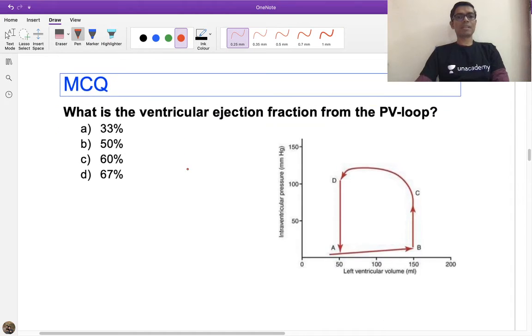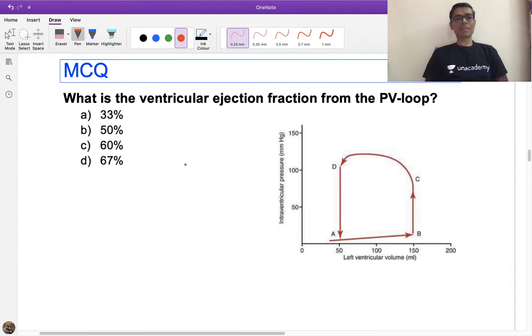Simple question. Be ready for this type of question not only in the AIIMS entrance examination but also in the NEET exam. Now again the same PV loop I have given, but here I have asked you to calculate the ejection fraction. Quick answer I require. Same curve.